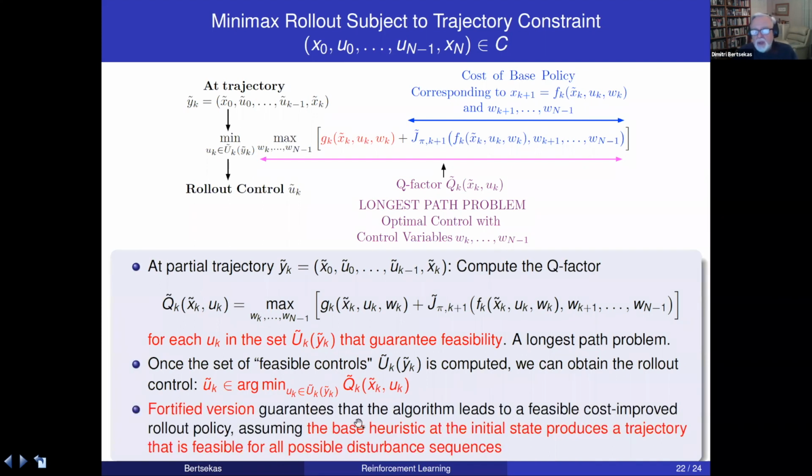And there's also a fortified version of the algorithm. The assumption that's needed here, similar to the case of deterministic constrained rollout, is that at the initial state, the base heuristic produces a feasible trajectory, one that's feasible for all possible disturbance sequences. Once you have that, then you can introduce fortification and guarantee some kind of a cost improvement in feasibility.